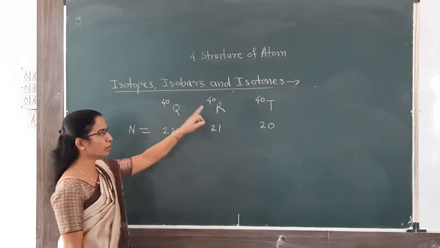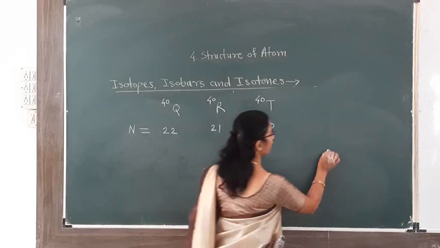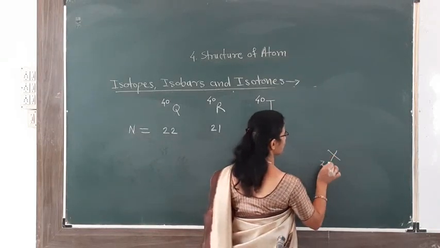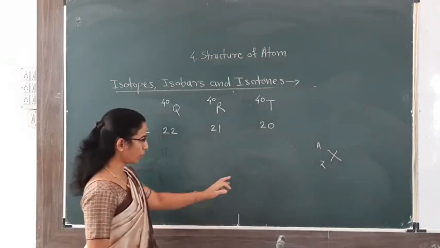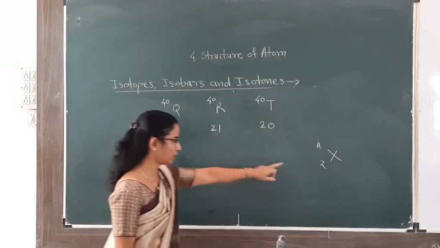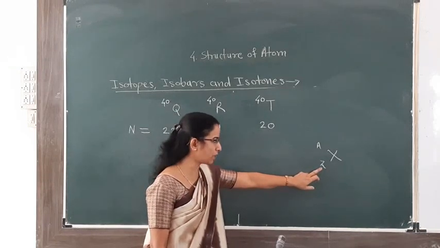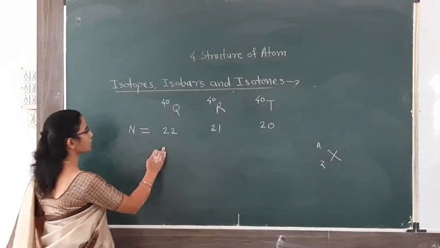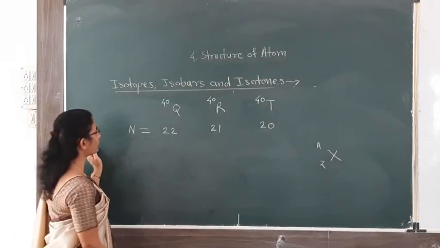Now, how are these atoms represented? We know any atom is represented by the symbol X with Z and A. So here we know the values of A for these 3 elements, but we don't know the value of atomic number, that is Z. Hence, in every case, you have to find the atomic number.